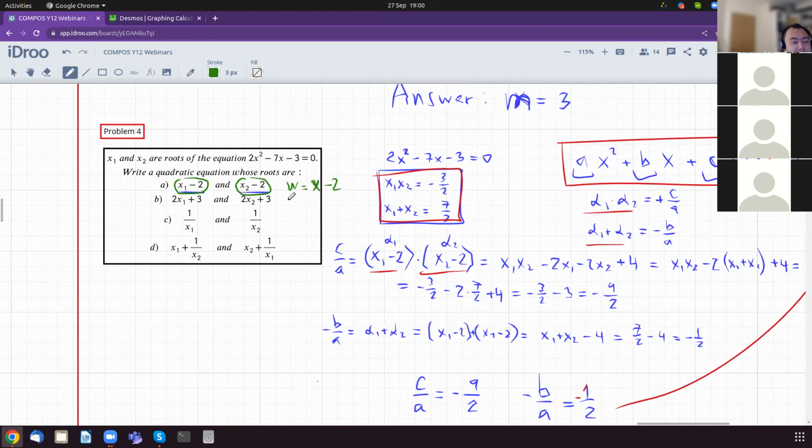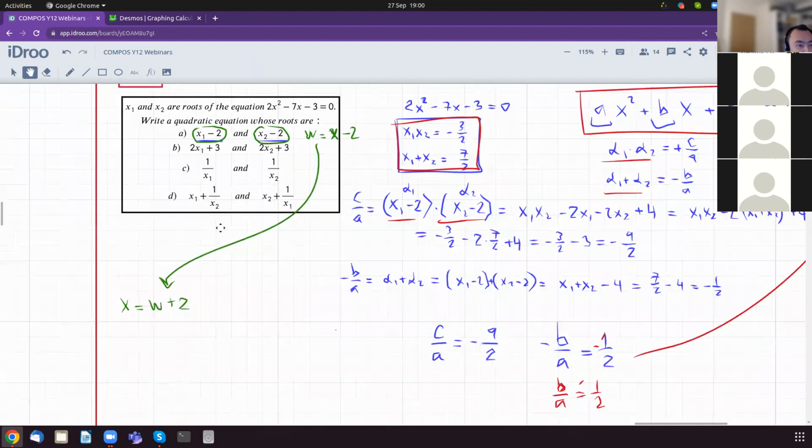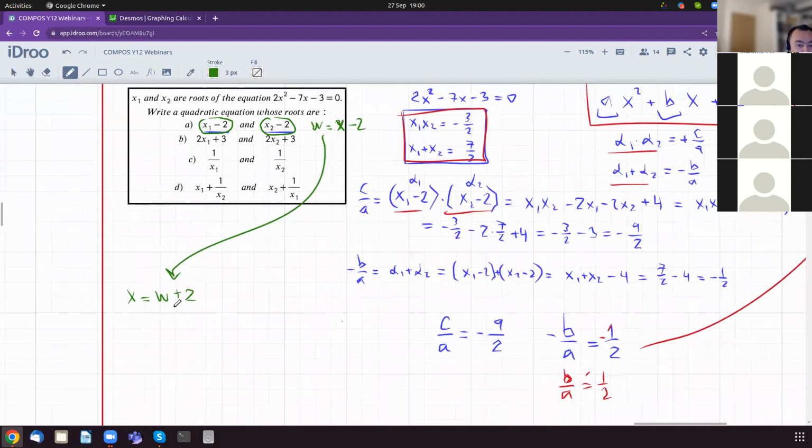Okay, and from here I can say that x is equal to W plus 2. All I need to do is substitute that into the equation. So 2 multiplied by (W plus 2) squared minus 7 (W plus 2) minus 3 equals 0.